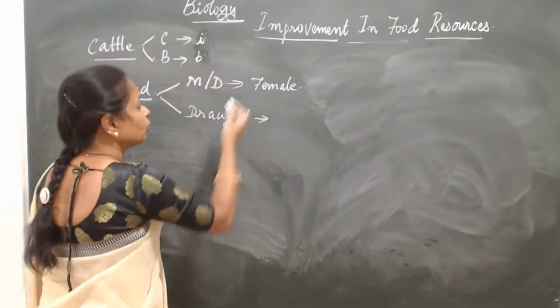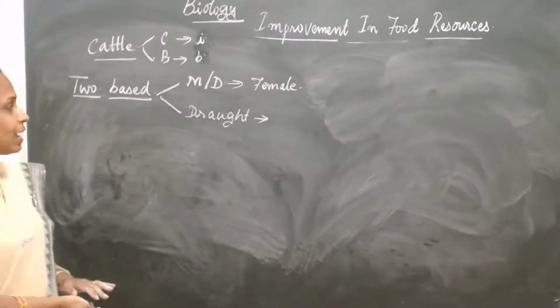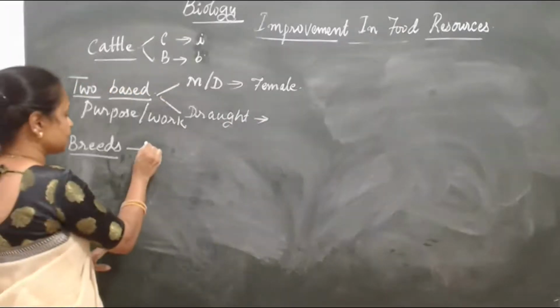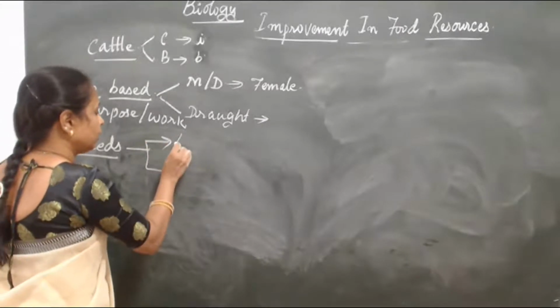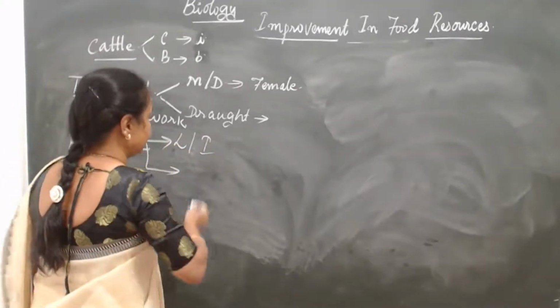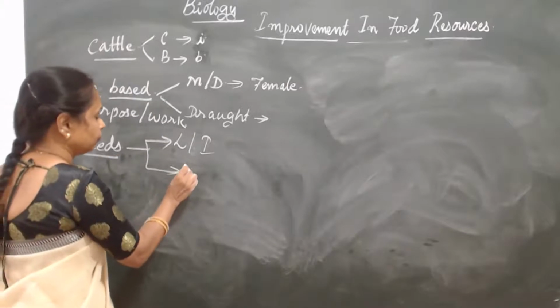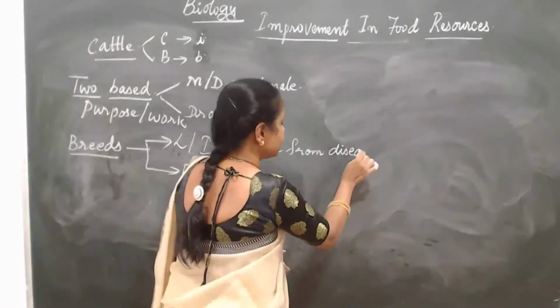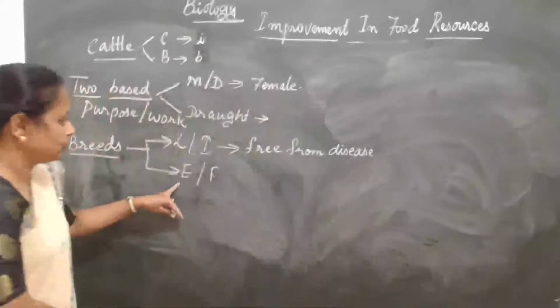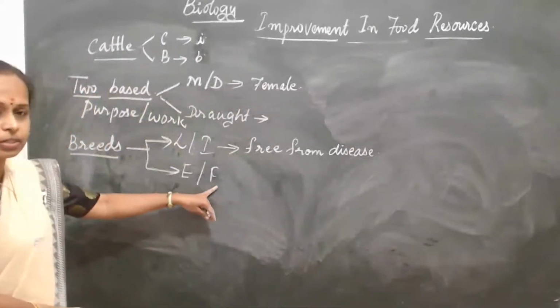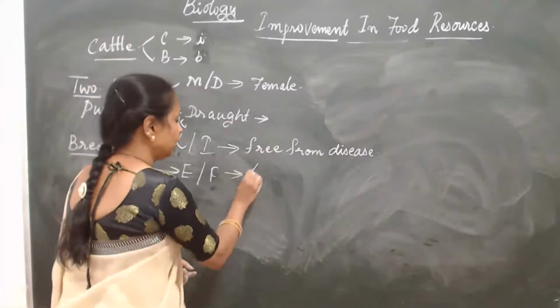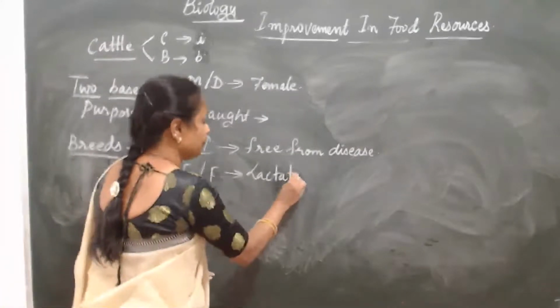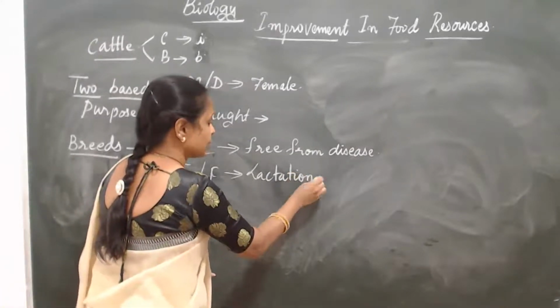Please remember the various examples of the breeds of cattle: the local breed, also called the indigenous breed, which has resistance to disease, and the exotic breed, also called the foreign breed, which we mainly concentrate on for the production of milk, that is lactation.